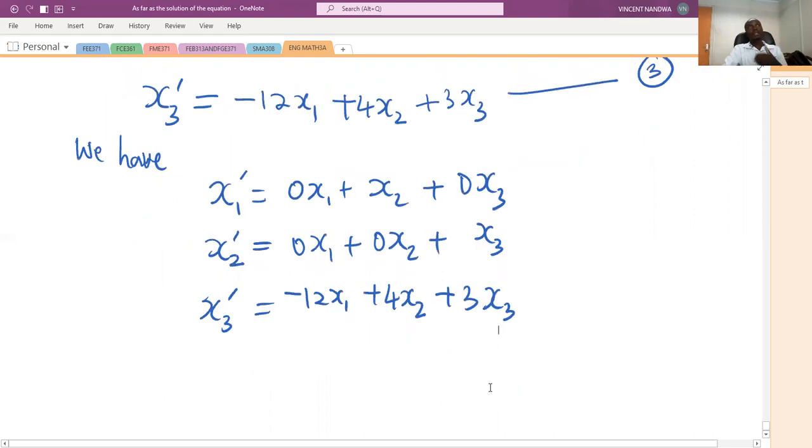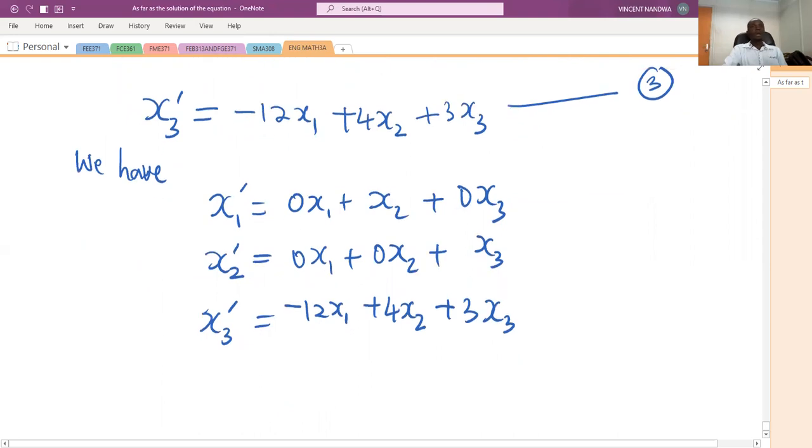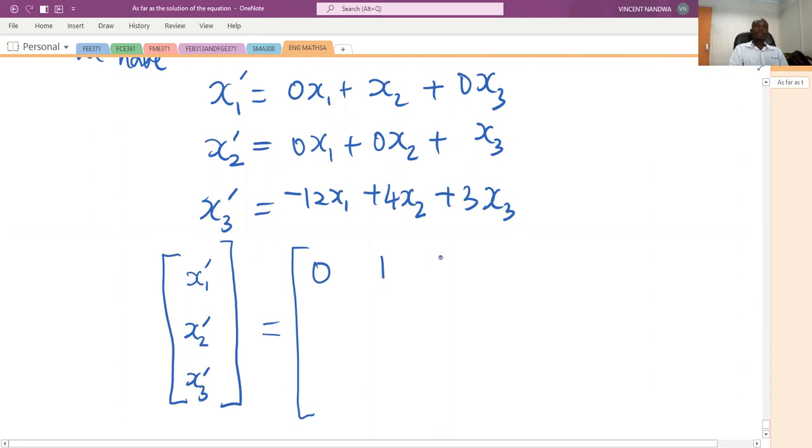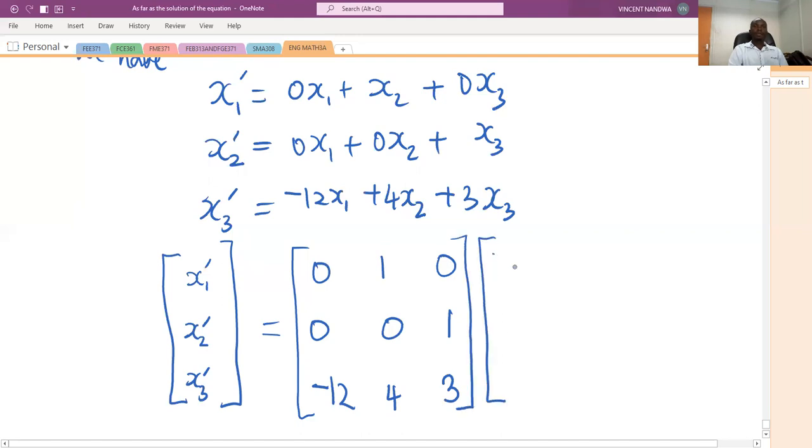So we have a system of three linear first order differential equations, which can be written in matrix form as x1 prime, x2 prime, x3 prime is given by the matrix 0, 1, 0, 0, 0, 1, minus 12, 4, and 3, multiplied by x1, x2, x3. This is what we call the matrix equation.